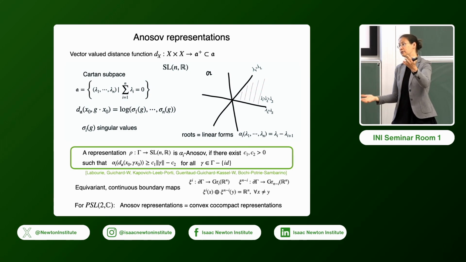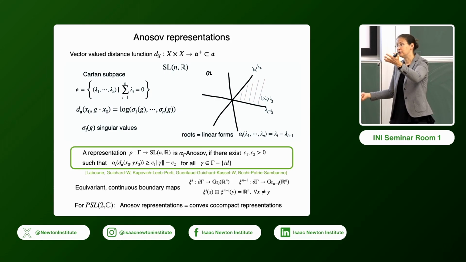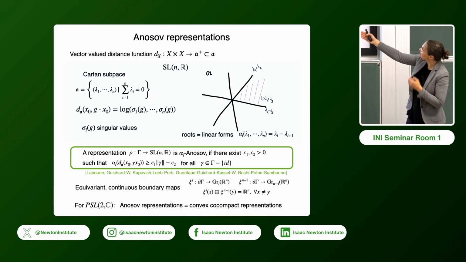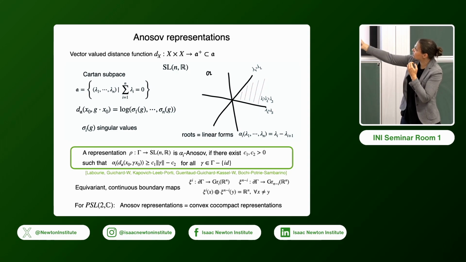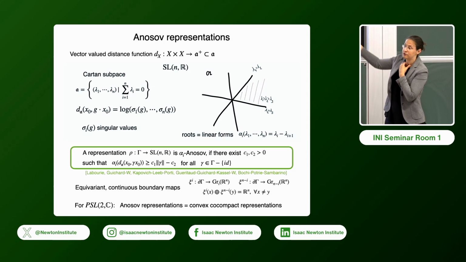Their product is 1 because the product is the determinant, so I take their log and their sum is 0. This is what gives me this vector valued distance between a base point and an element G applied to the base point.